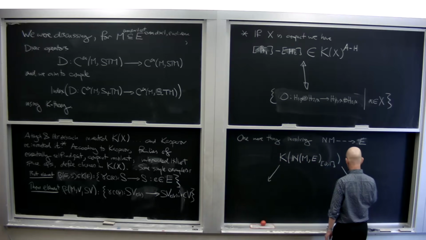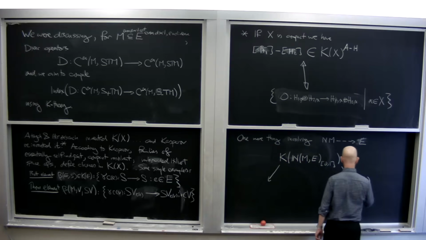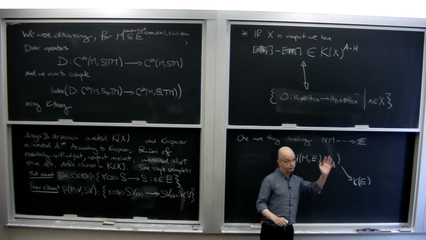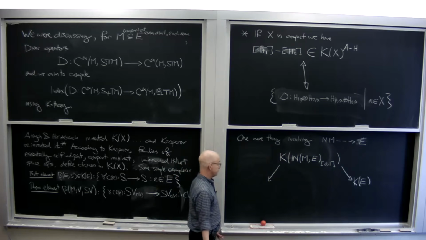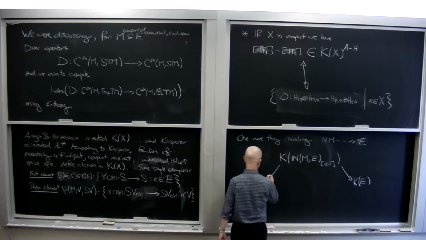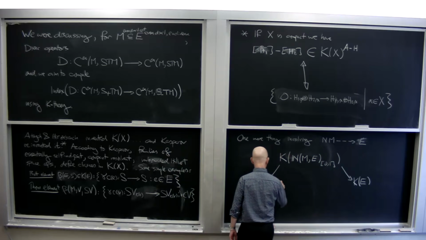When t is equal to 1, this deformation to the normal cone, this family of smooth manifolds parameterized by the real line, the fiber is just E, but t equals 0 is special, and the fiber there is the normal bundle.